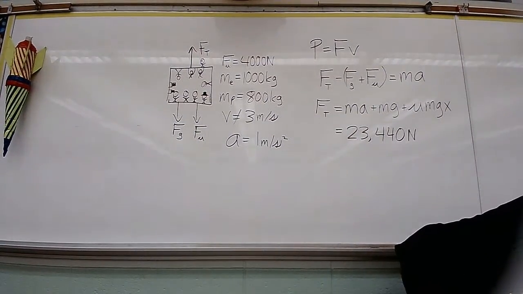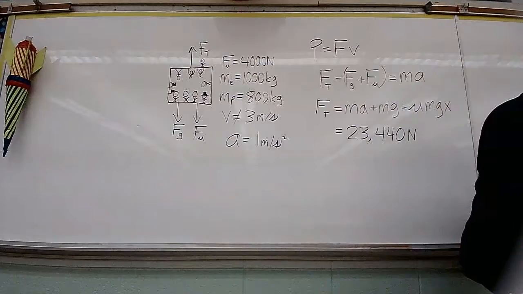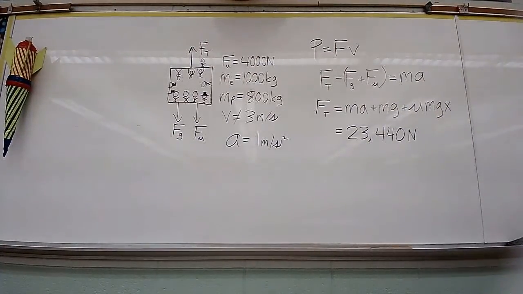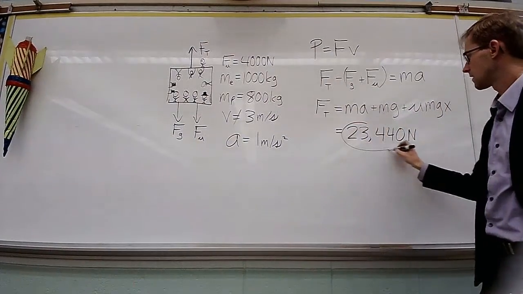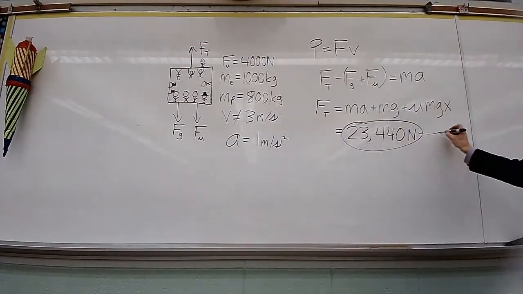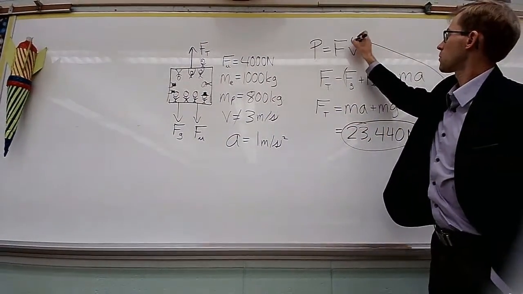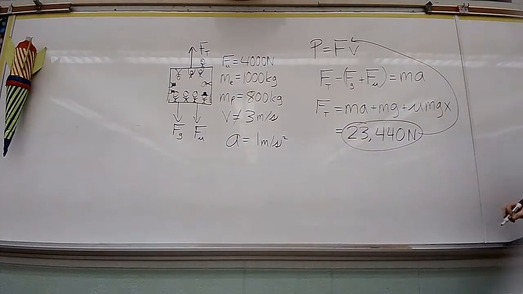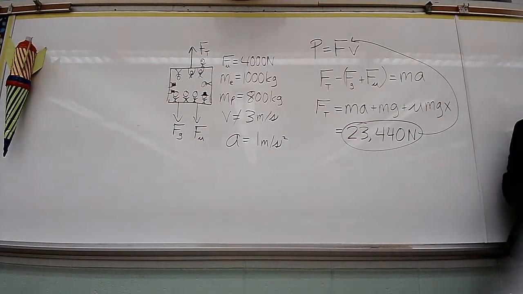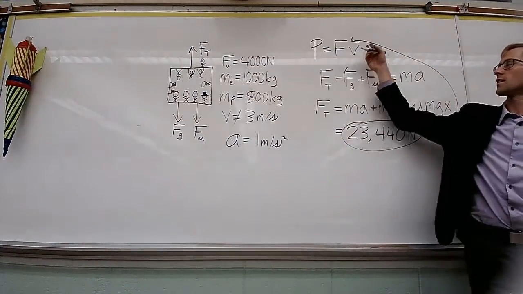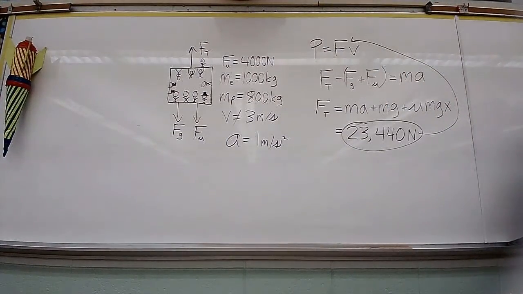But you have to find velocity. So if we know this is our tension force, we could plug it back into the power equation. We don't have our velocity, so what we would have then is a function of power with respect to velocity.